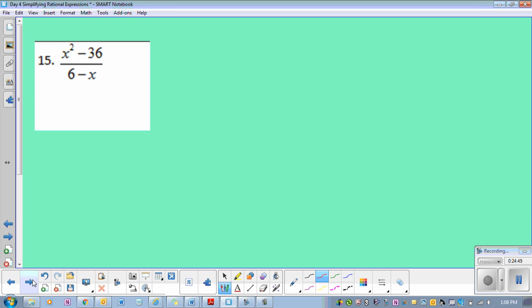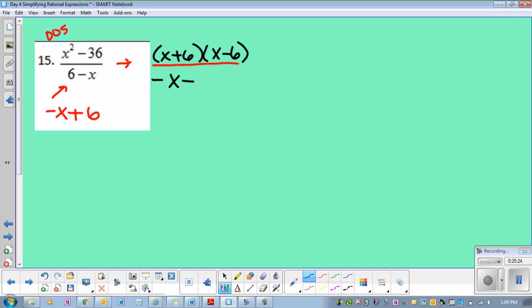Okay? All right, so number 15. Okay, up at the top, x squared minus 36. How do I factor this? This goes. And down at the bottom, you'll write it in standard form. Okay, so if we change this guy, then it becomes negative x plus 6. You always want to put the x in front of it. Oh yeah, you want to put it in standard form. So x plus 6 times x minus 6 over negative x plus 6.